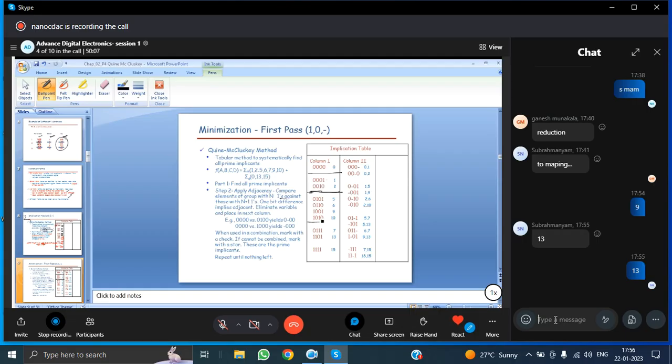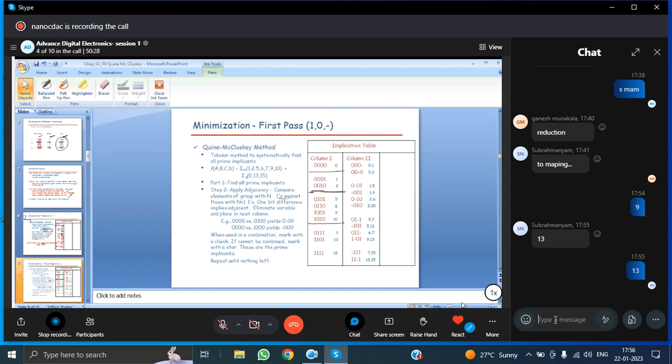Okay, in the third group, if you see, what is common in the third group? Two 1s in all of them, 5, 6, 9, 10, all are having two 1s, right? Look.